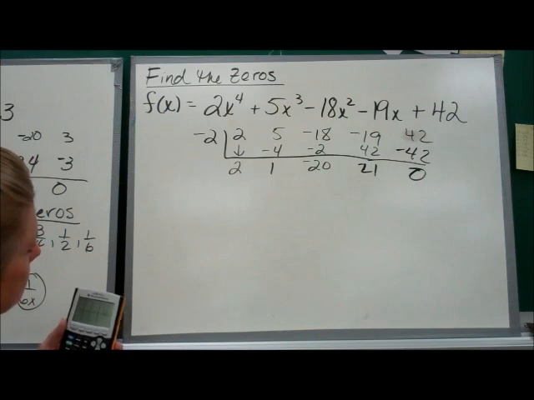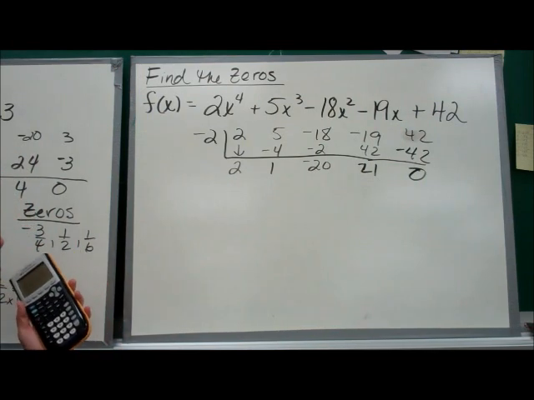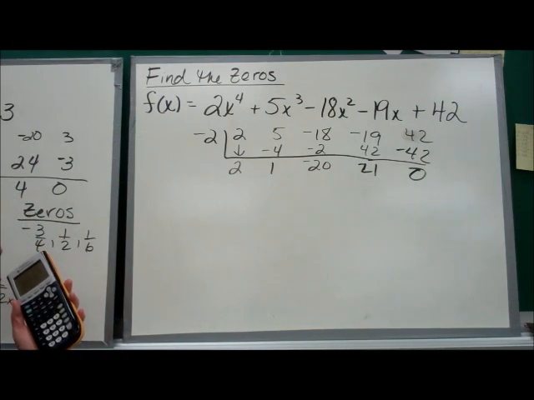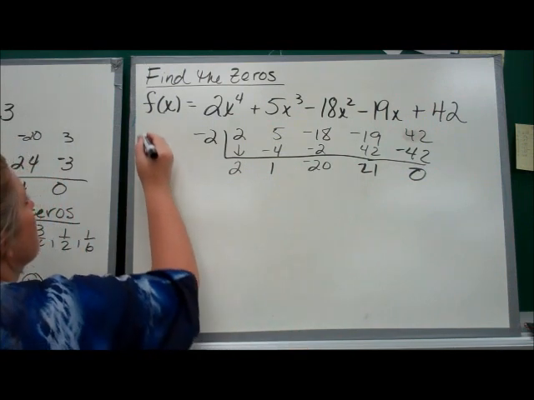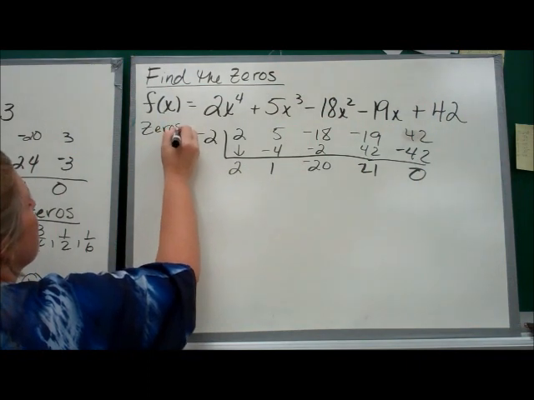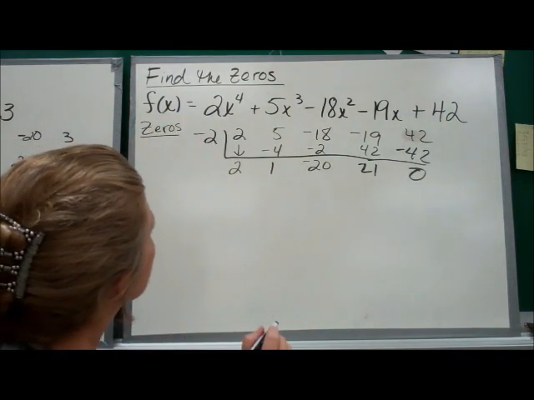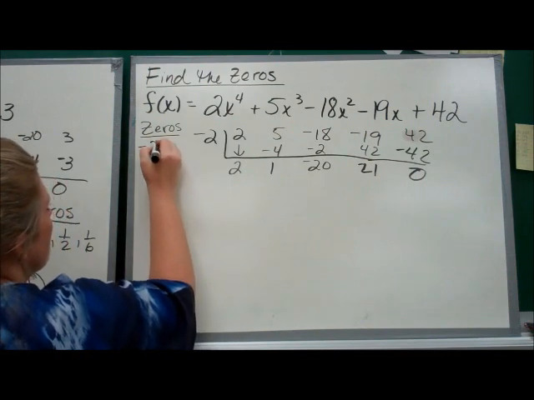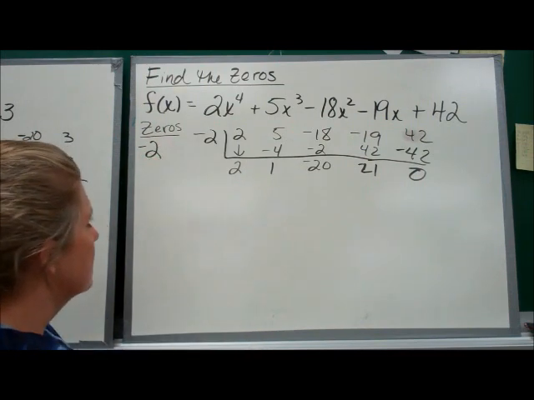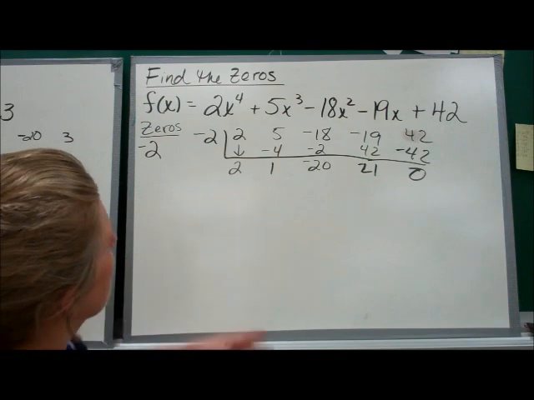Very good. Okay, so -2 is a rational root, or it is a 0, I should say. So here's my zeros. I didn't list out the possible zeros. There aren't as many as the last problem, but there still are quite a few. But I know -2 is a 0. And here's the thing.